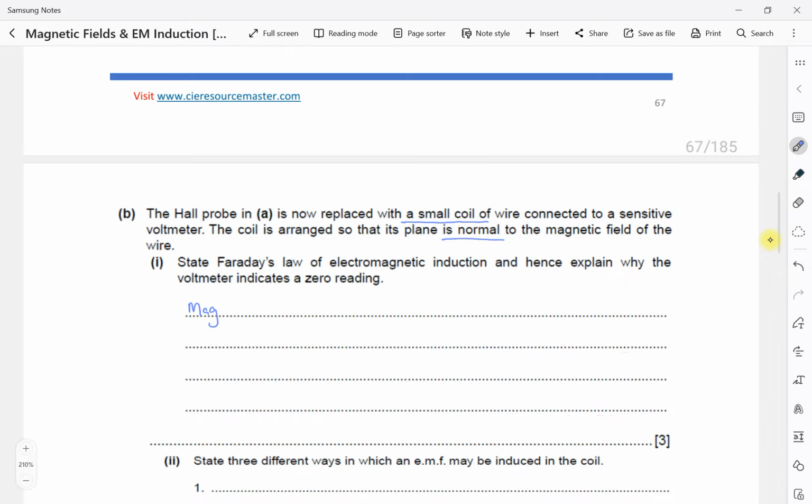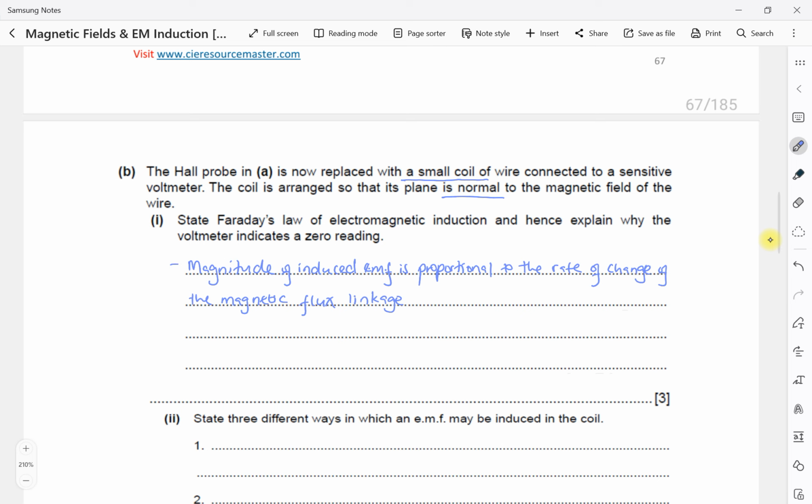So the magnitude of induced EMF is proportional to the rate of change of the magnetic flux linkage. That is according to Faraday's law.